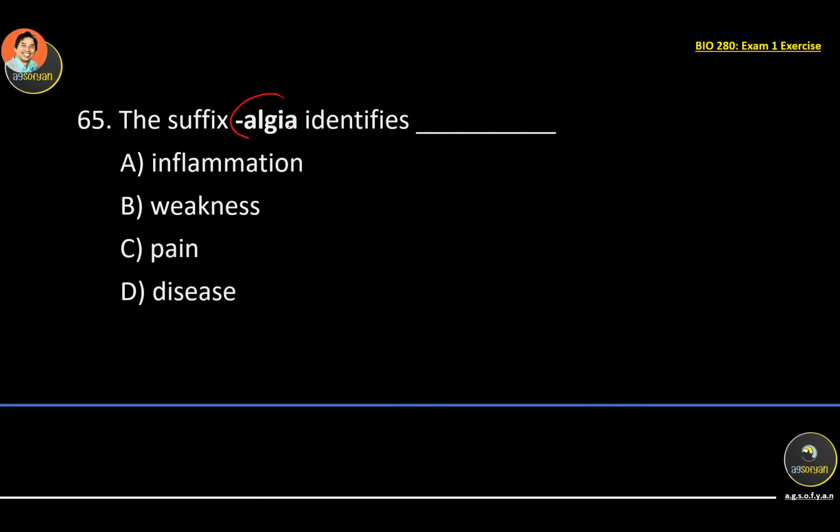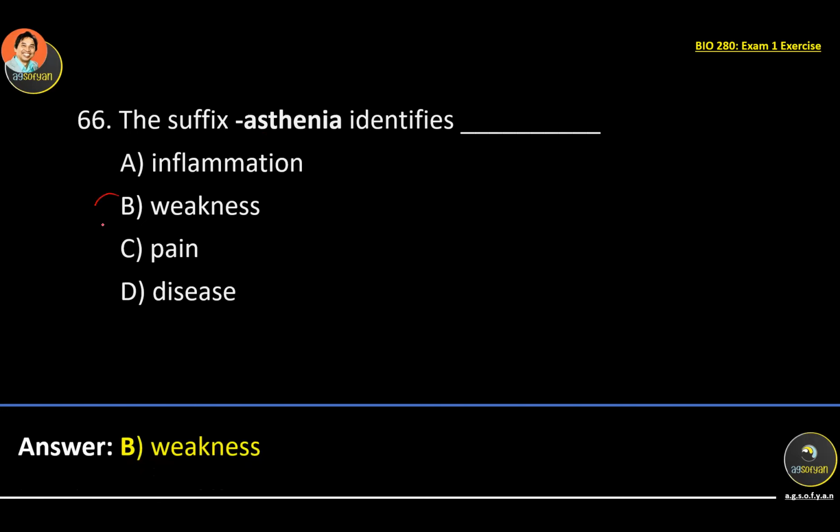Yeah, the suffix algia. This one means pain. Okay, pain. The suffix asthenia. Okay, asthenia means weakness.